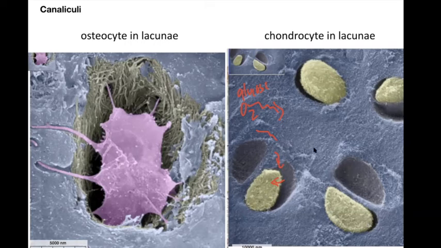Otherwise it's that hard rubbery matrix, but you still can get glucose and oxygen. These cells are adapted to low oxygen levels, so you don't need much, but this is enough to allow them to live and do what they do. So that's your avascular cartilage tissue.